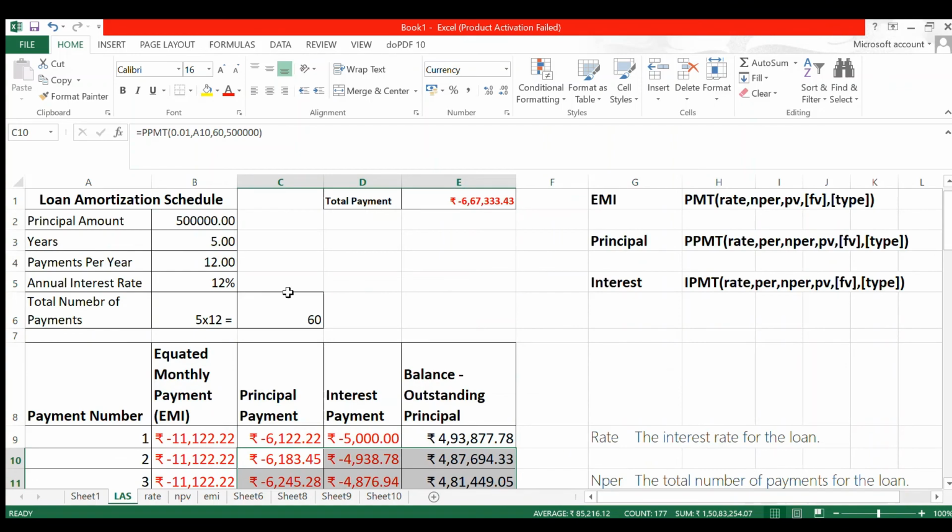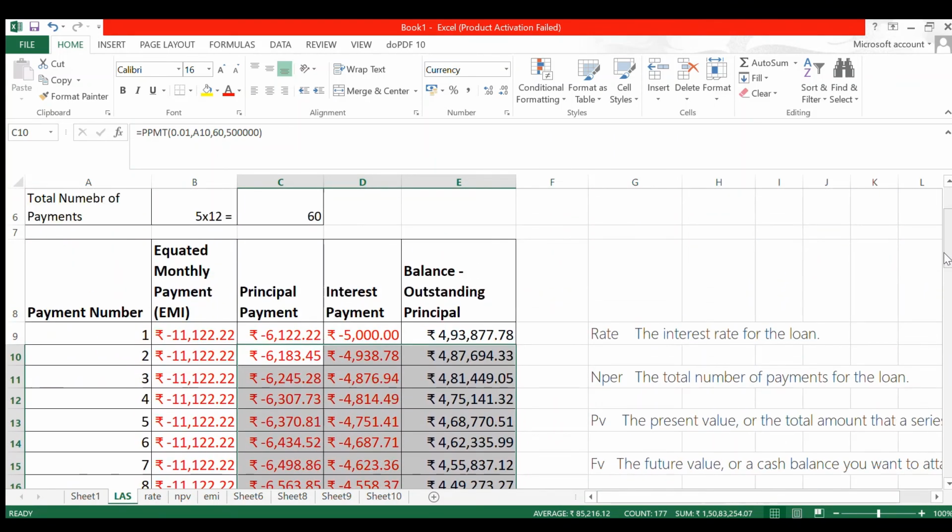You can see in the third month, the principal payment out of the equated monthly installment has increased a little bit, around 60 rupees again, and the corresponding amount is decreased from the interest payment. So the total remains the same, 11,122, and the new outstanding principal is 4,81,000.